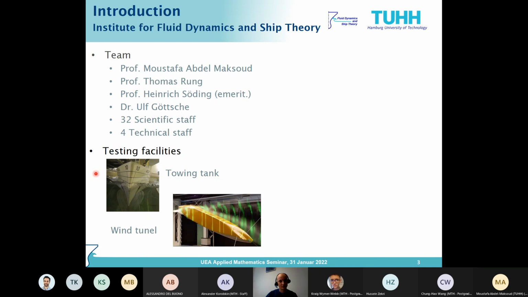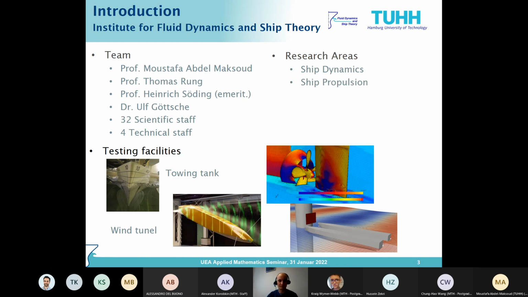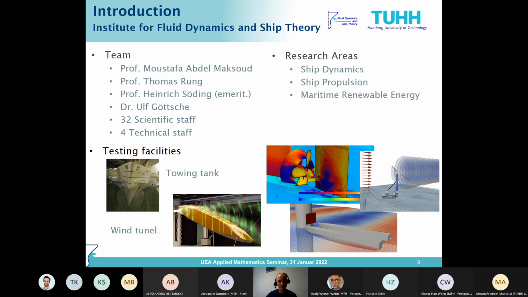There is a towing tank operated by our institute, and also a low-speed wind tunnel. Research areas include ship dynamics, such as maneuvering and seakeeping, ship propulsion, as well as maritime renewable energy. And also there are some topics on optimization and innovative computational modeling.